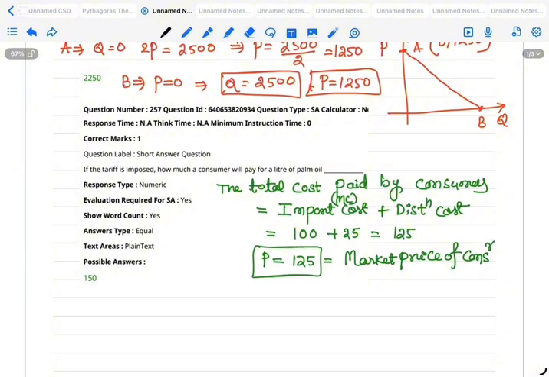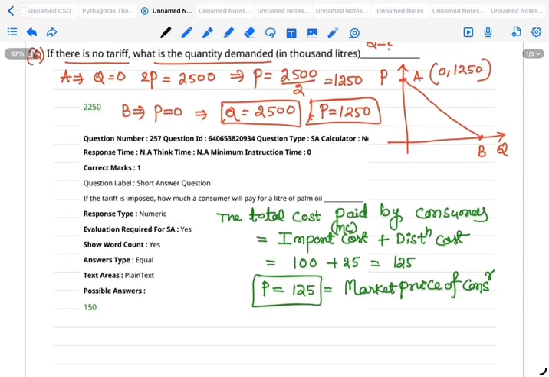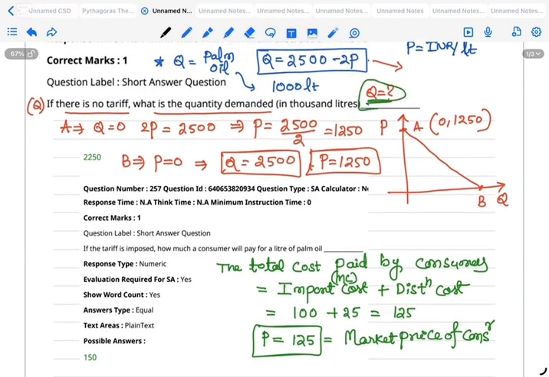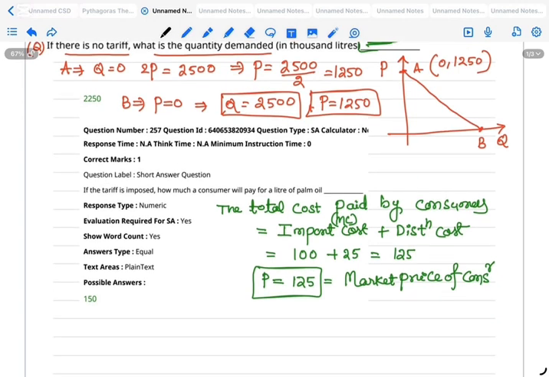They are asking to find the quantity without tariff. If we add the tariff of 25, the price becomes 150 rupees, but without tariff the price is 125 rupees.